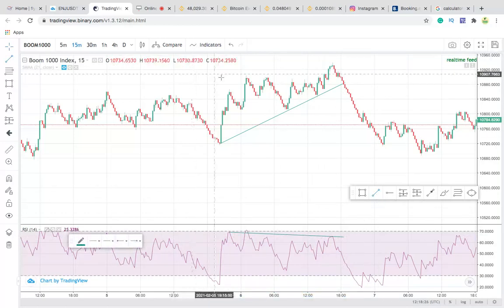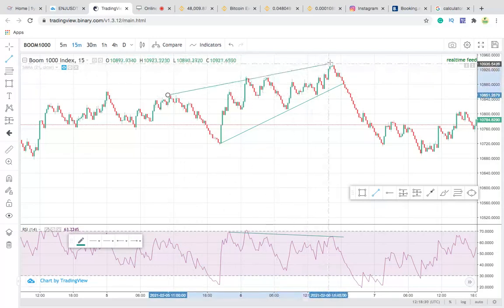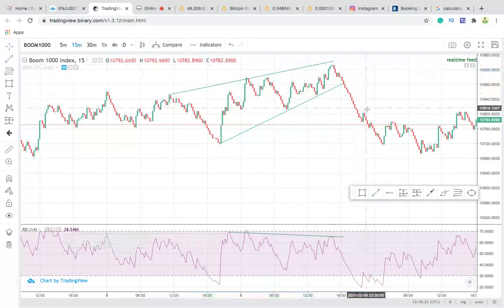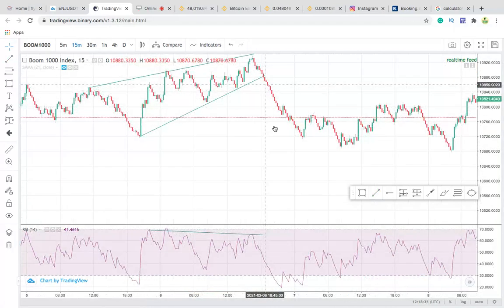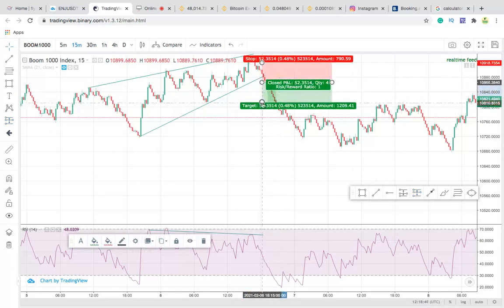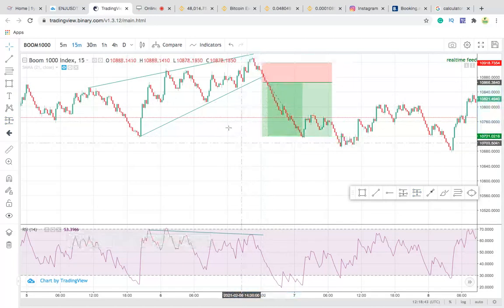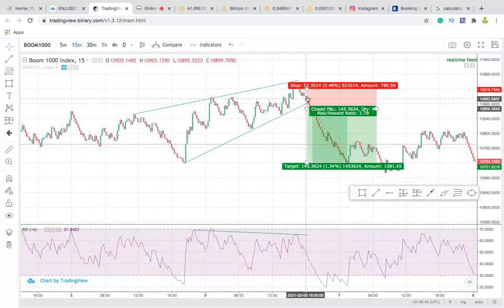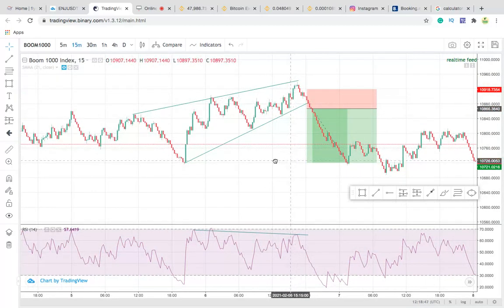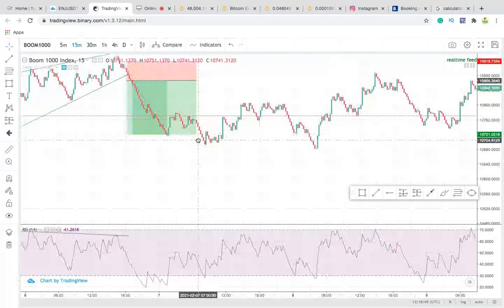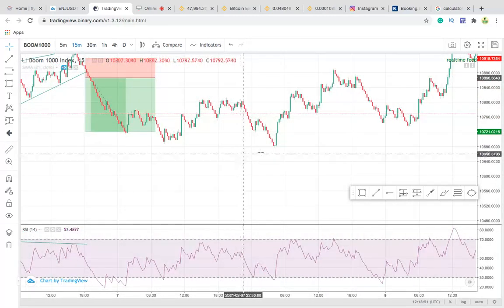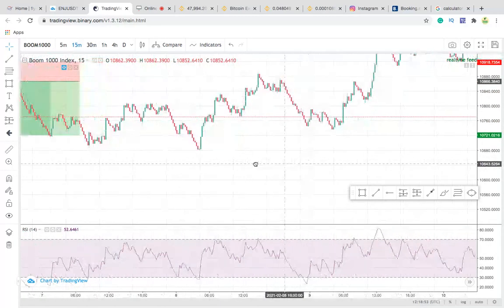Make the chart a channel and trade the breakout. Simple as that. Always be careful, your stop loss level matters. All right, so let's keep going and we'll soon find another setup.